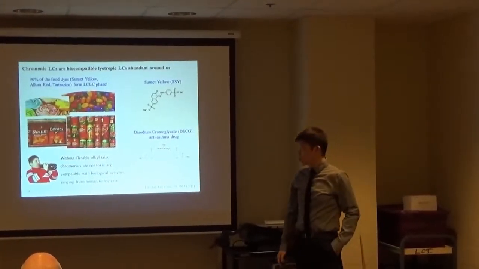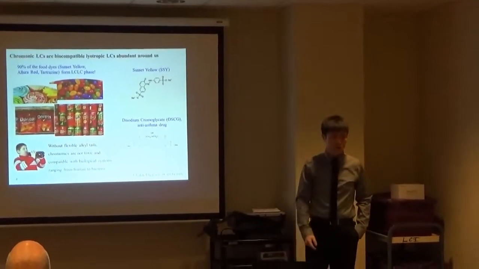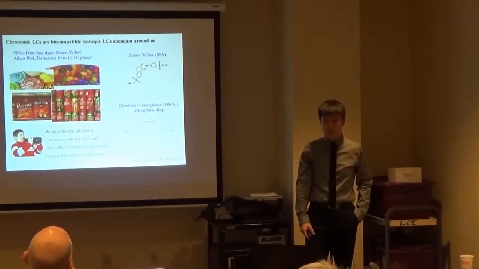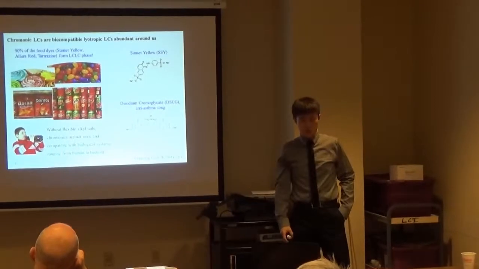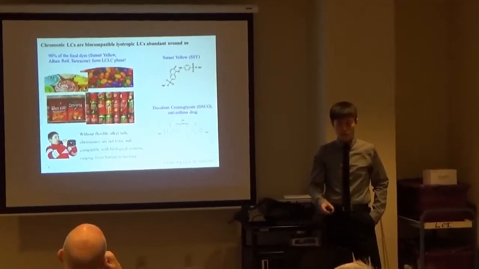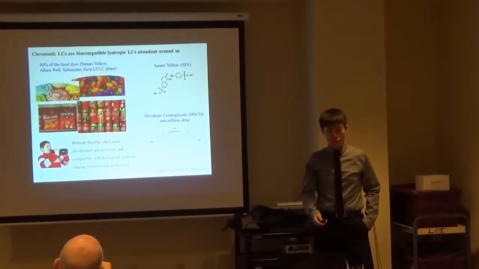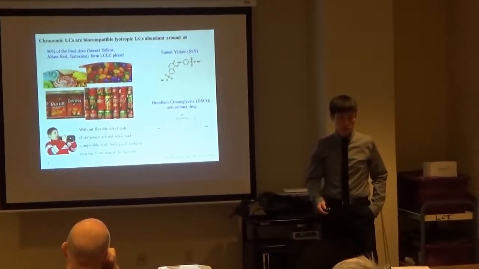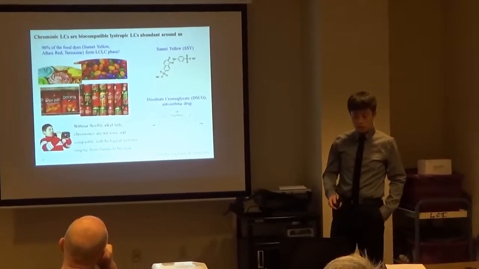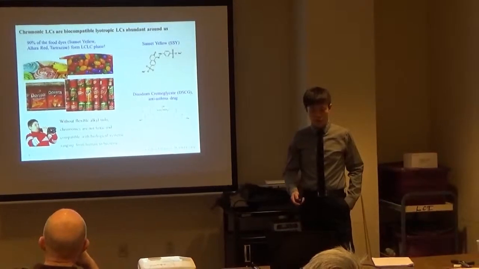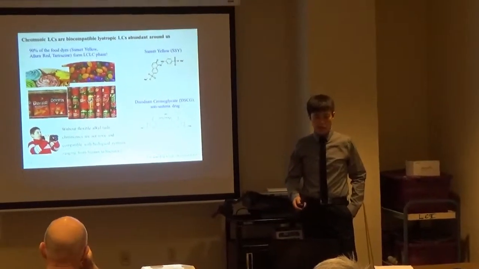Chromonic liquid crystals are not like 5CB or MBBA that you can only find in the fridge in your lab. It's a material that is abundant in our daily life. 90% of the food dyes that you encounter every day can form a chromonic liquid crystal phase. The two materials I'm going to talk about today are sunset yellow, a food dye, and disodium cromoglycate, or DSCG, an anti-asthma drug.